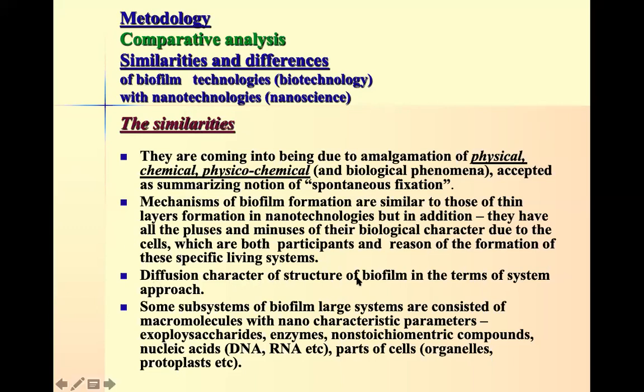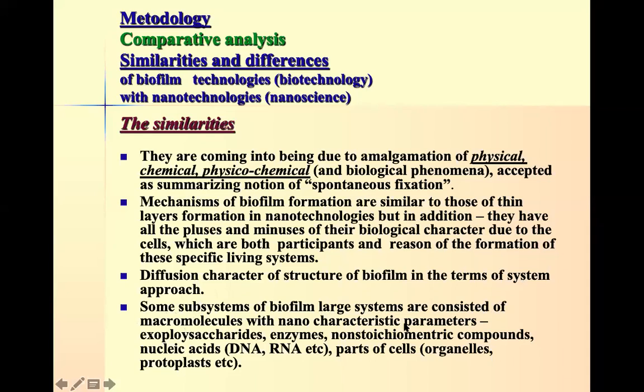Diffusion character of structure of biofilm in the terms of system approach is available. But in case of nanofilm, diffusion is not available, they cannot move and depend on the properties. Some biosystems of biofilm large systems are consisted of macromolecules with nano characteristics.